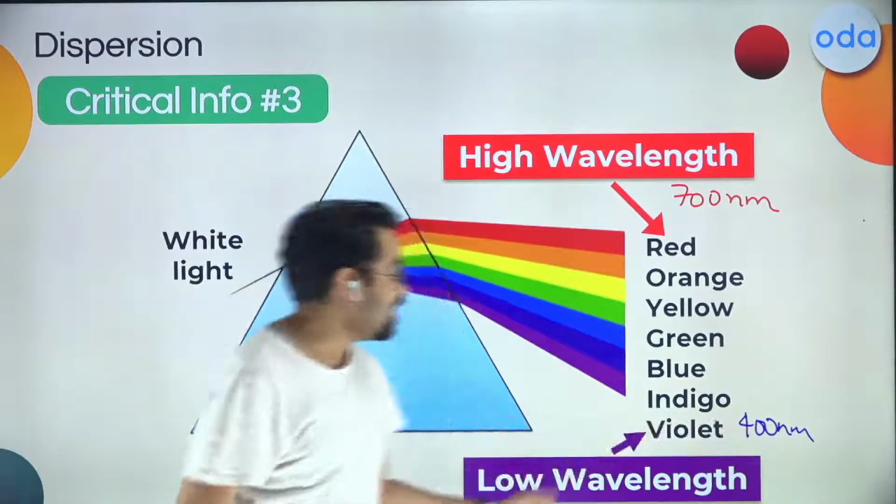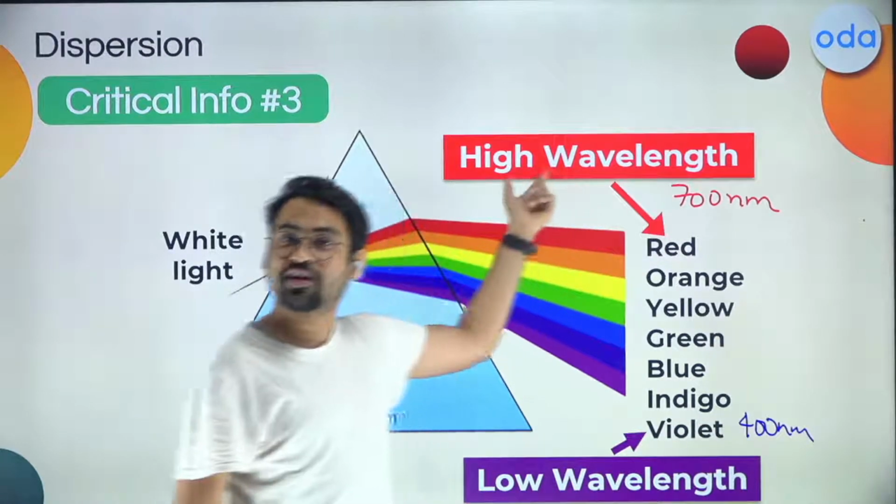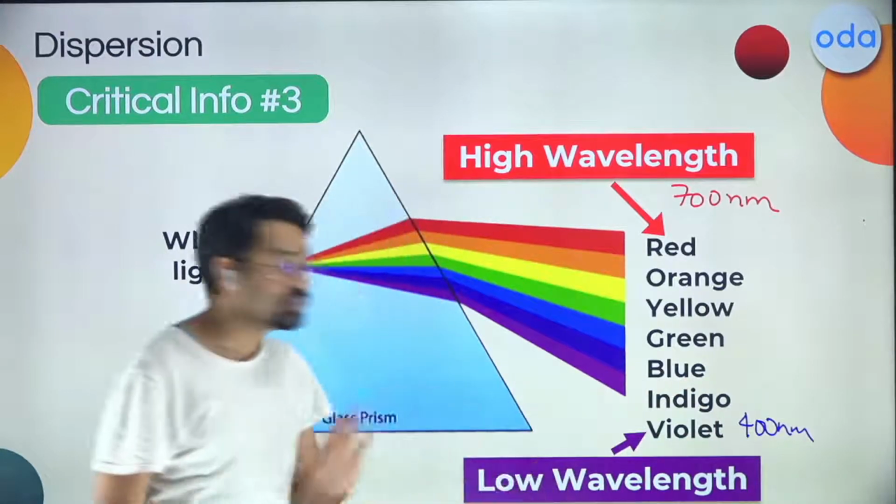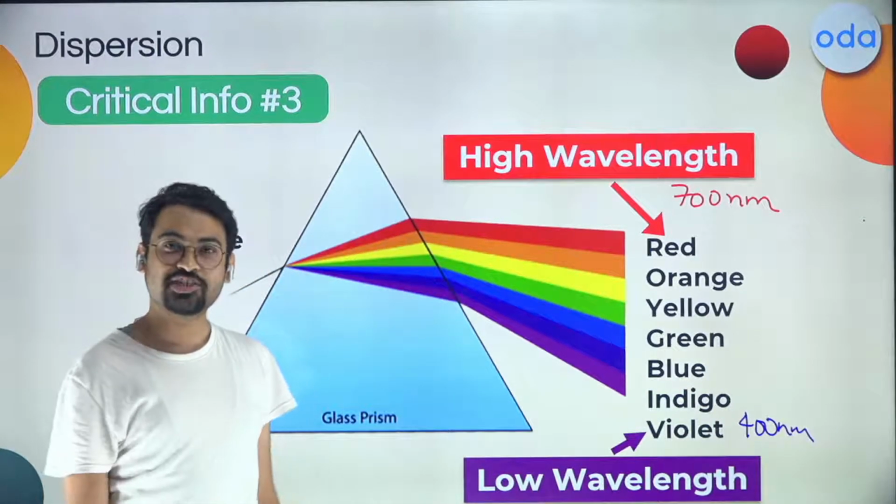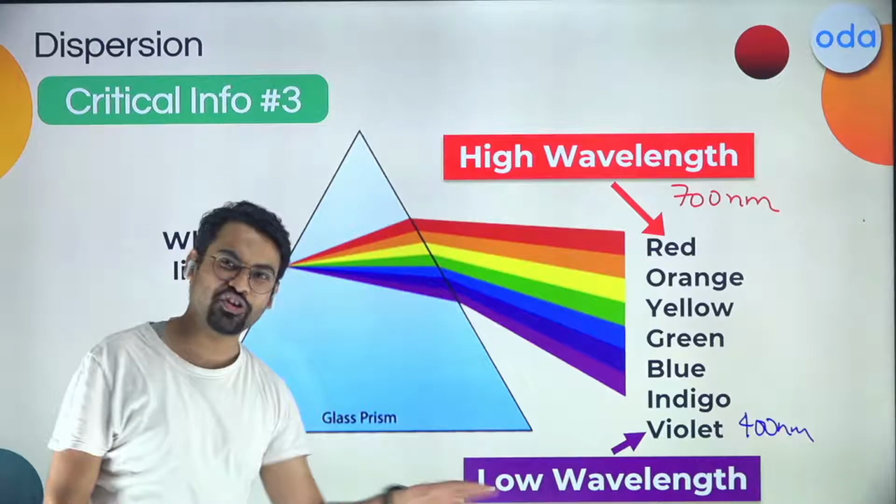Lower 400 is less, 700 is more. So 700 is higher wavelength and 400 is lower wavelength. Easy peasy, lemon squeezy.